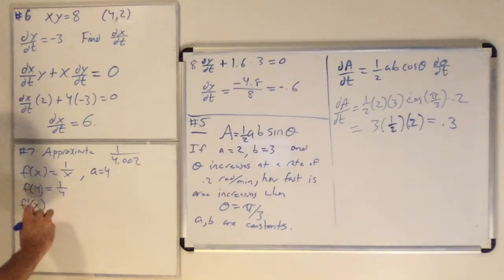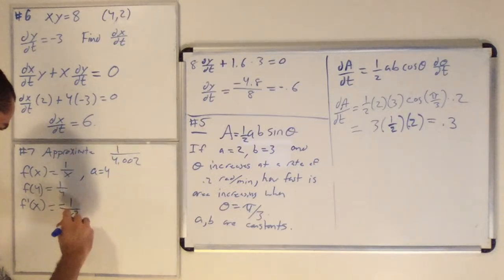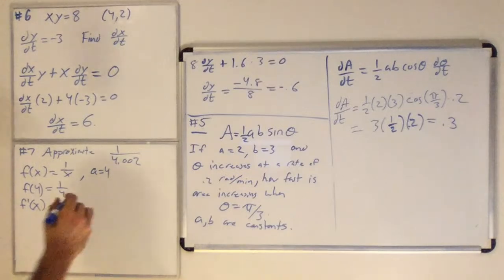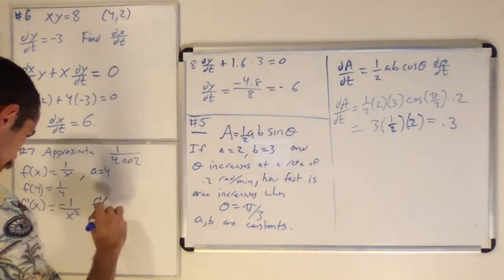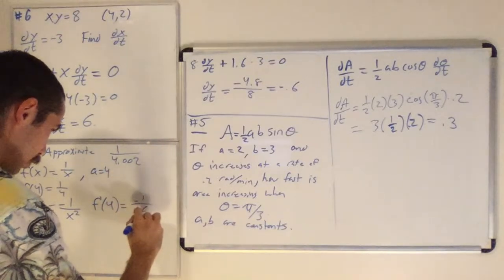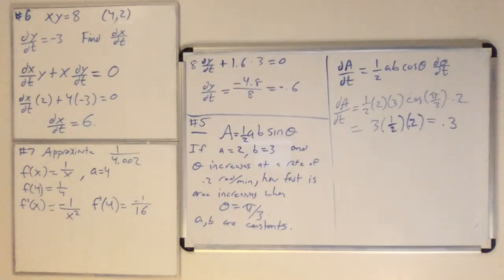So let's take the derivative. The derivative of 1 over x is negative 1 over x squared. And so f prime of 4 is negative 1 over 16. And so with all this information, how do we get our approximation?